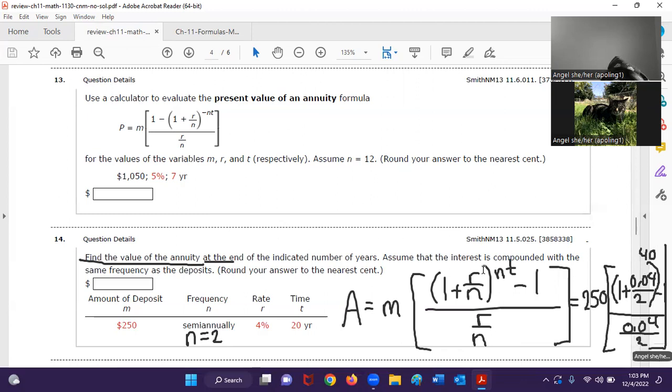Stick that in your calculator and you get 15100.495. So we have $15,100.50.